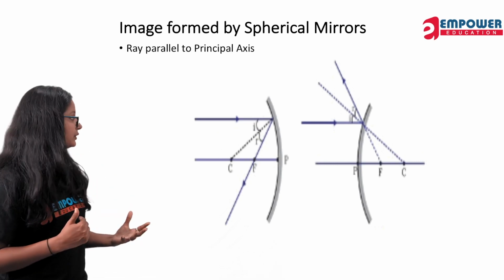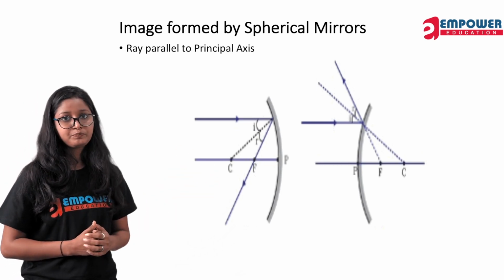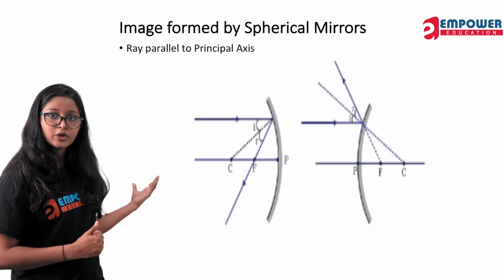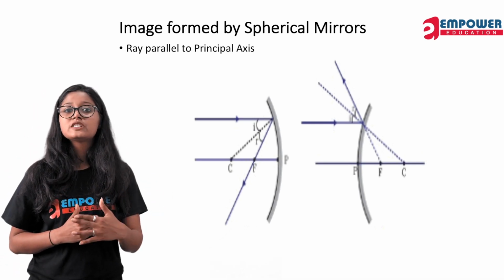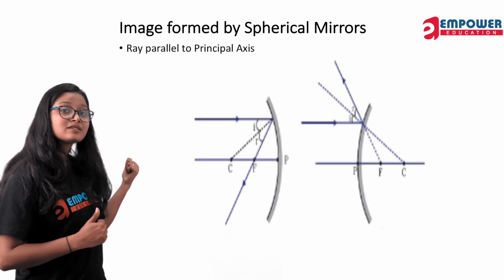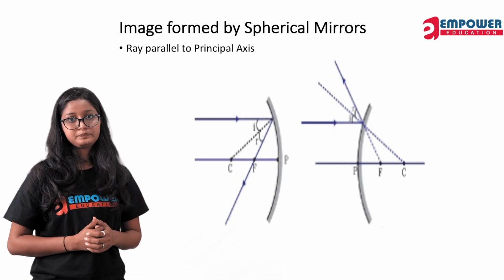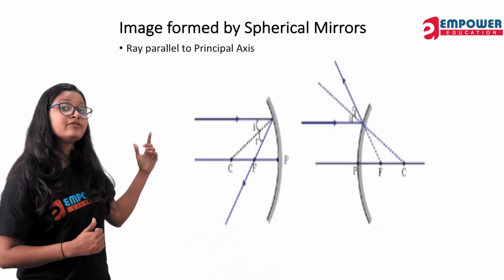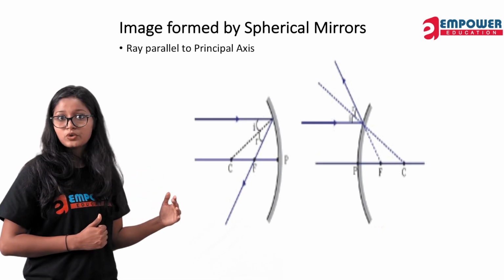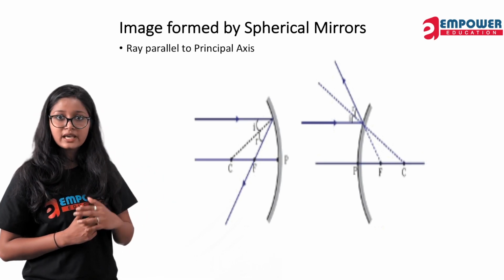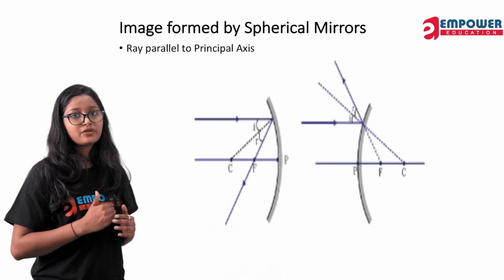Now you can see here we have a concave mirror and we have a convex mirror. In the concave mirror, you can see that when light is parallel to the principal axis, it strikes the reflecting surface and then passes through the focal point. Now, if you have a look at the convex mirror, you see that the light rays parallel to the principal axis hit the reflecting surface and diverge away.